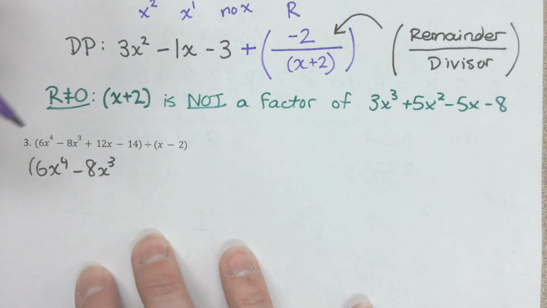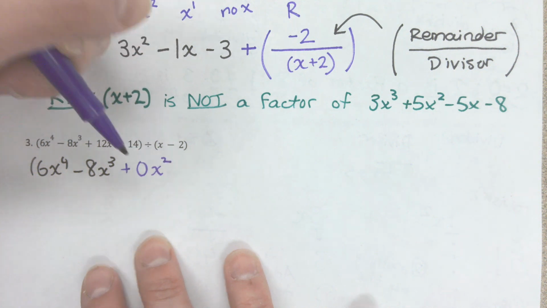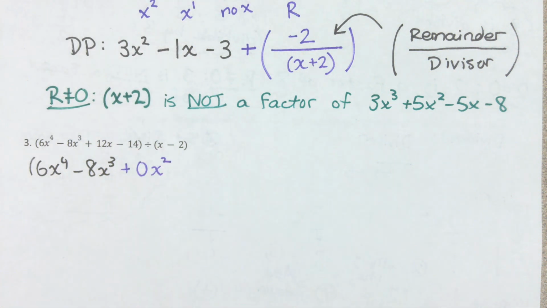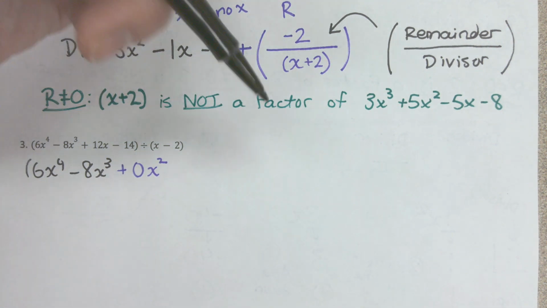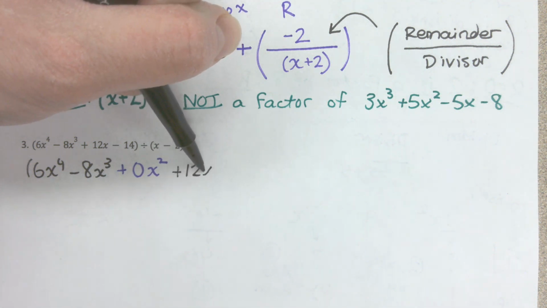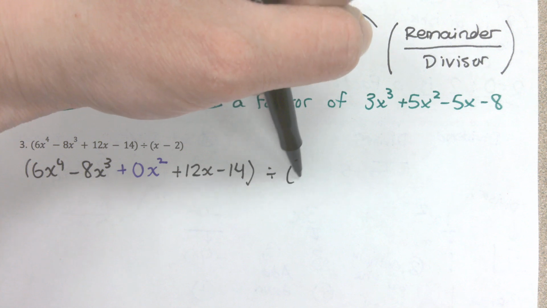So after the negative 8x cubed, I'm going to put a plus 0x squared just to fill the missing spot. And I literally added nothing to the equation. So I didn't change the equation by putting this there. And then I'll continue. Plus 12x minus 14 divided by x minus 2.